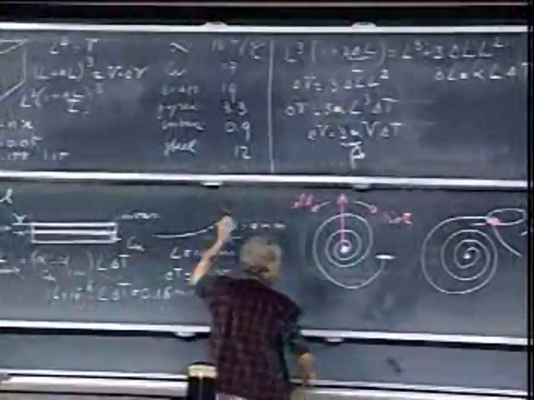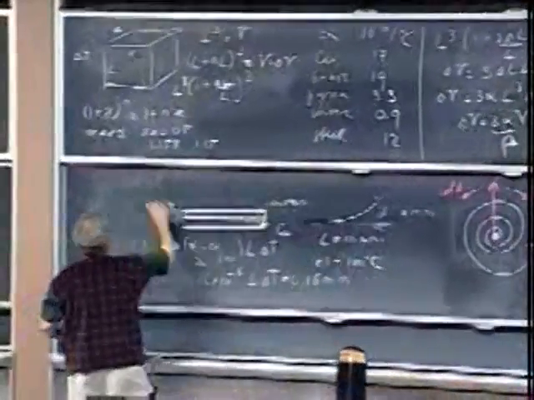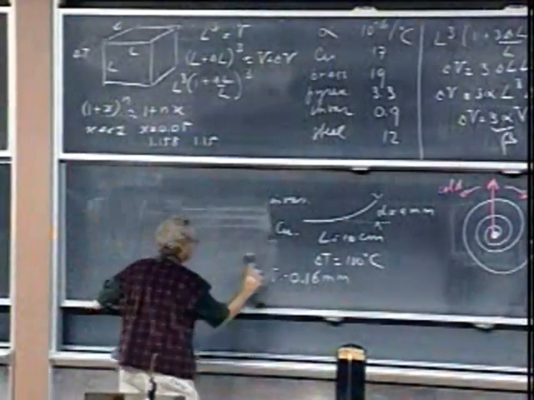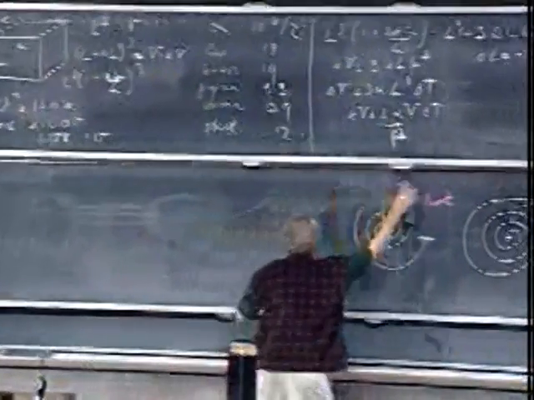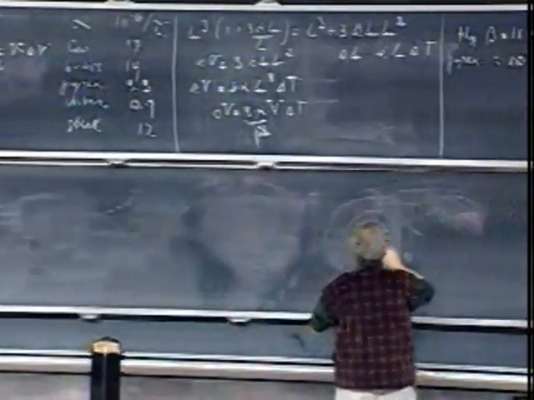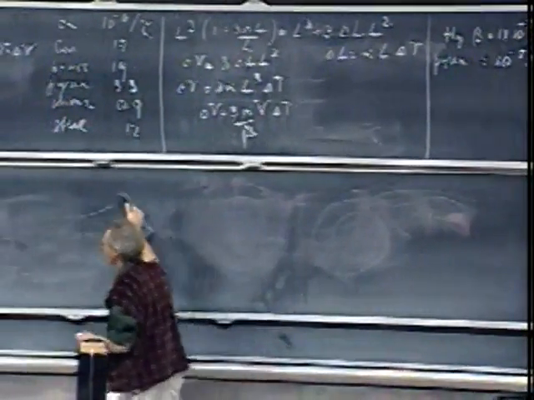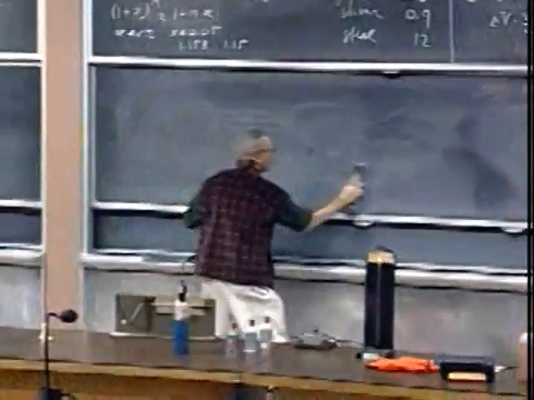I put some mercury in Pyrex glass, and the Pyrex glass is not going to expand very much, but the mercury will. And then the mercury, which is in an enclosed environment, will have to expand, and it expands into my thermometer, and that's the way that we read the temperature.